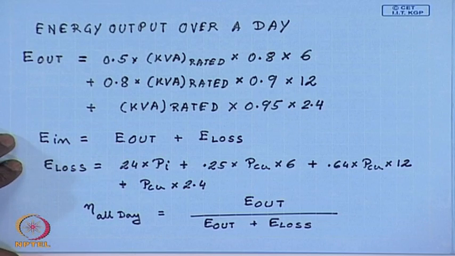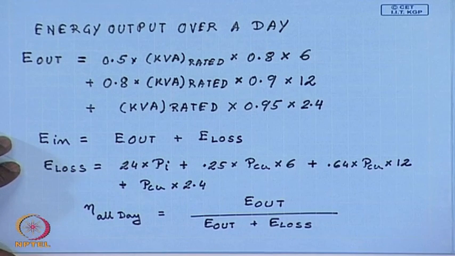And it is to be noted that the only data we need to calculate this all day efficiency are the copper loss at full load, which can be obtained from short circuit test data, and the core loss, which can be obtained from open circuit test data, and of course, the loading pattern of the transformer. If these data are given, then the all day efficiency of a transformer can be found.